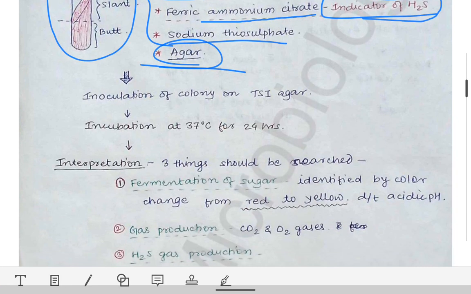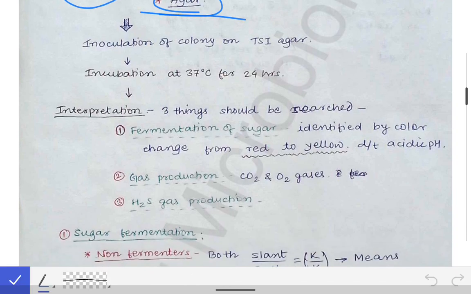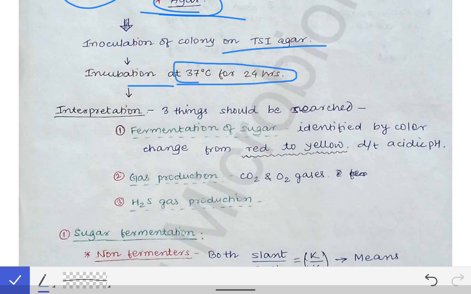Next, when we do the inoculation of the bacterial colony in the TSI agar, we have to incubate also. So we incubate these test tubes at 37 degrees centigrade for 24 hours. After the 24 hours pass, we have to do the interpretation.